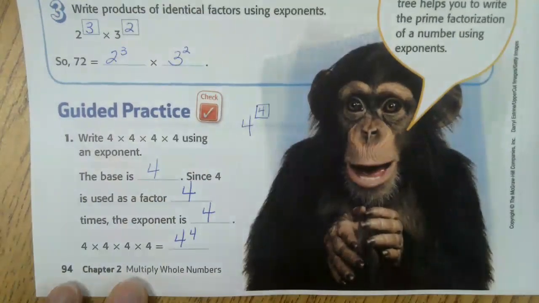So if you completed, I believe it was page 73, which was the Are You Ready for Chapter 2, we were reminded that multiplication is basically repeated addition. So you can rewrite repeated addition as multiplication. It's a little shorter, a little more efficient.